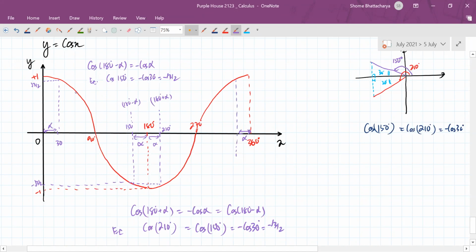So the cos will have the same value as alpha. So for the fourth quadrant, we have the formula that cos of 360 minus alpha is the same thing as cos alpha, positive of cos alpha. So for example, cos of 330 degrees will be the same as cos 30 degrees, which will be positive of root 3 by 2.